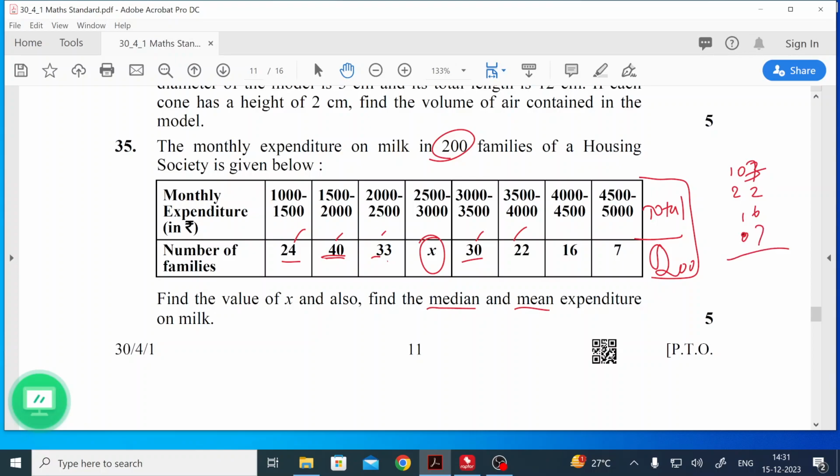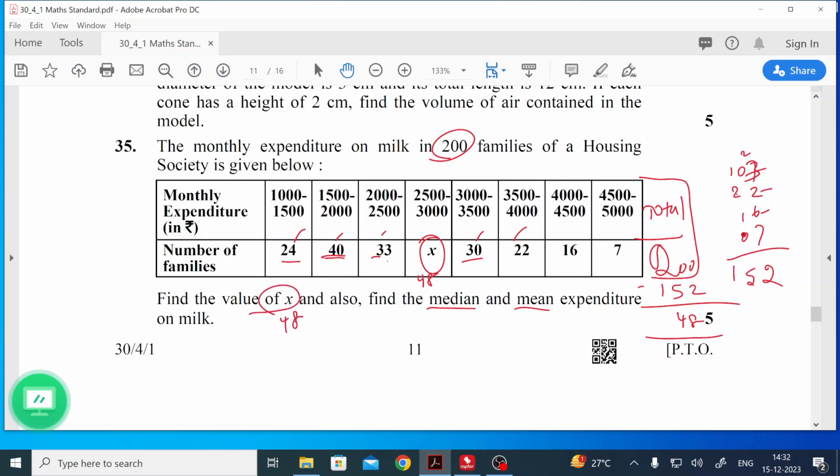Add 7 plus 7, 14, 20, 22. Remaining 2 is there; 2 plus 0, 2, 4, 5. That 1 as it is. It is 152. Subtract this number from 200, that is the required X. What am I getting? 48. So X is 48. So the value of X is 48.